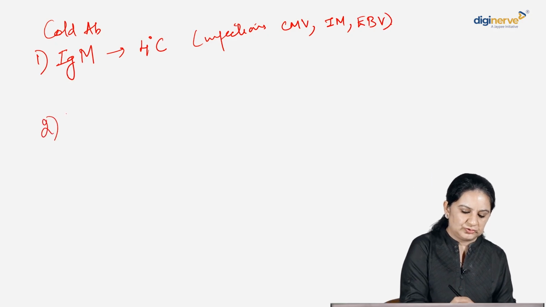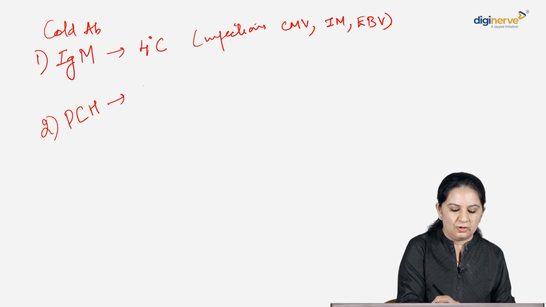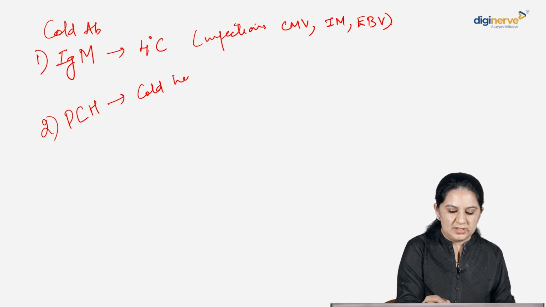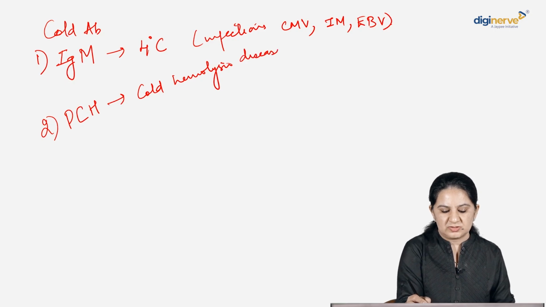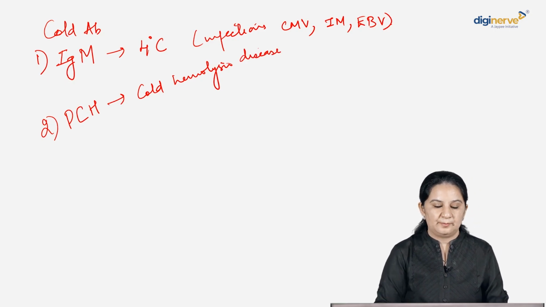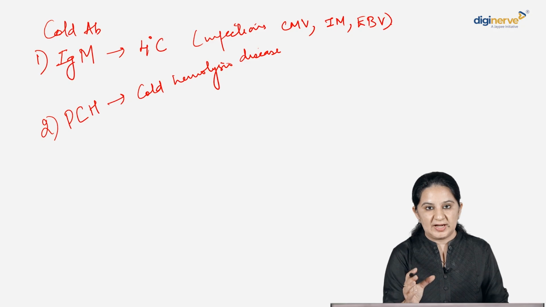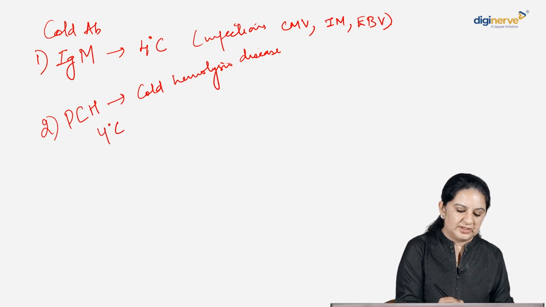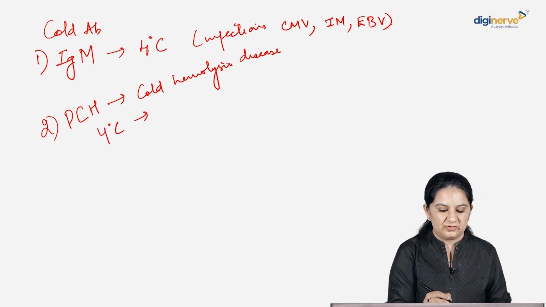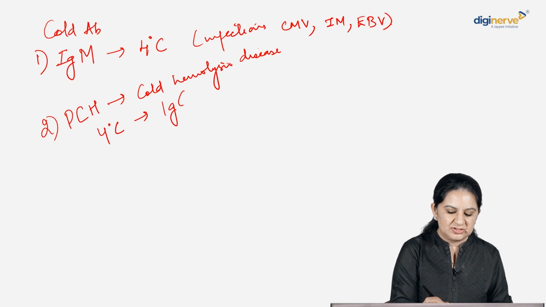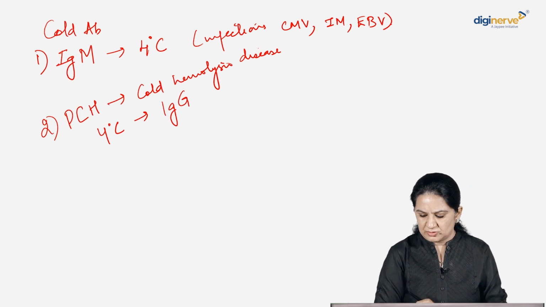The second type we also call paroxysmal cold hemoglobinuria, or also known as cold hemolysin disease. Why is it called paroxysmal cold hemolysin disease? Because as such it is a cold antibody. It reacts at 4 degrees Celsius, but it is not of IgM type. It is IgG type. That is why paroxysmal.